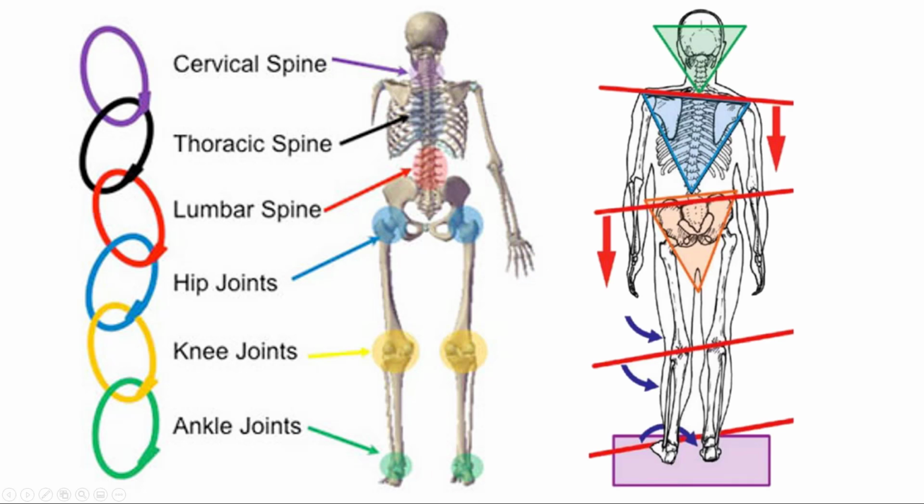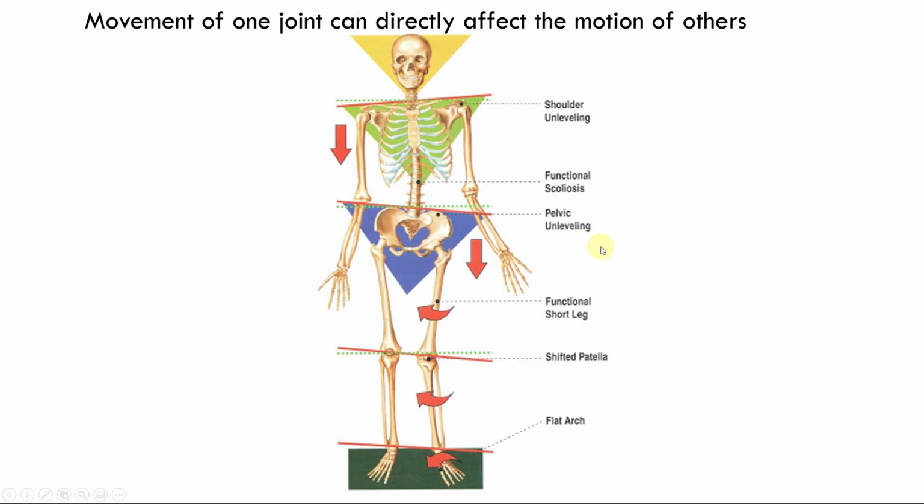What can happen is if you get out of whack in one area, it starts to set the domino effect off, and you can start having these interrelationships all the way up the body. When you have movement, lack of movement, or abnormal movement at one joint, it can definitely affect the position, the mobility, or the stability of the joints up the chain.